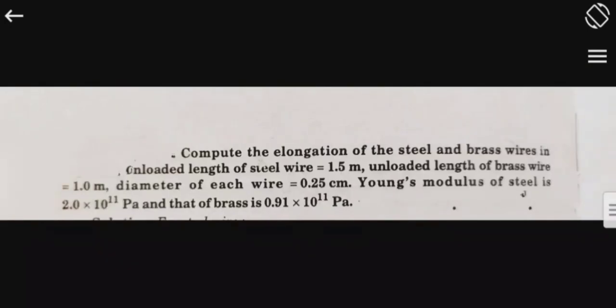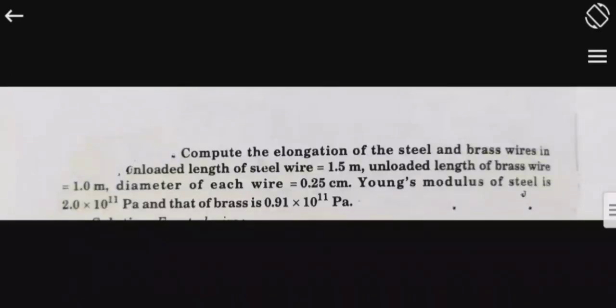The next question is: compute the elongation of the steel and the brass wires. Two wires are there, one of steel, another of brass. Don't worry about the questions, I am going to send them. Don't write the questions, only write the answers.